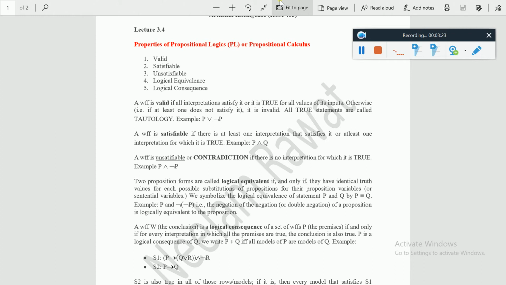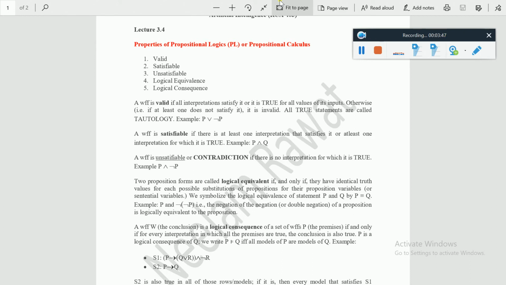The last property is logical consequence. Any well-formed formula is called a logical consequence if and only if for every interpretation in which all the premises are true, the conclusion is also true.